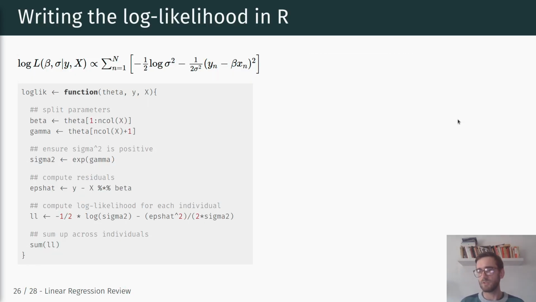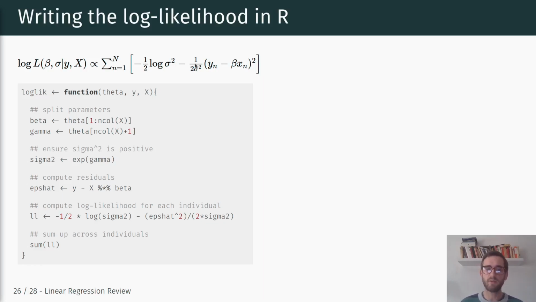Okay. So the first thing we have to start with is we have to write the log likelihood in R as a function. And I mentioned before that we can characterize the log likelihood as this sum, which is based on the assumption that each individual observation is drawn from a normal distribution, and the density of the normal distribution is determined by the observed data, but also by our beta and sigma parameters.